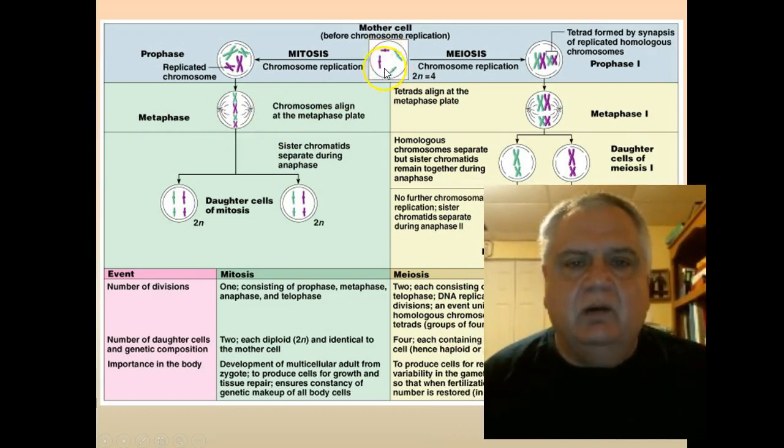So here we have a cell, this might be like a human cell, but human cells have 46 chromosomes, right? Well, to show all 46 chromosomes would make this a little bit difficult for us to follow. So let's just take 4 of the 46 chromosomes and follow what happens to them.